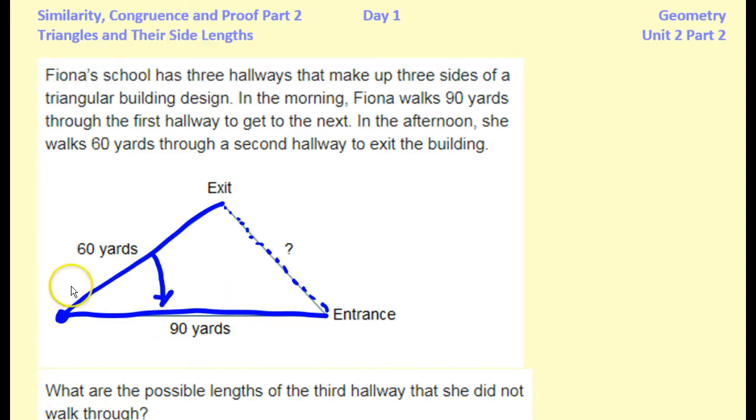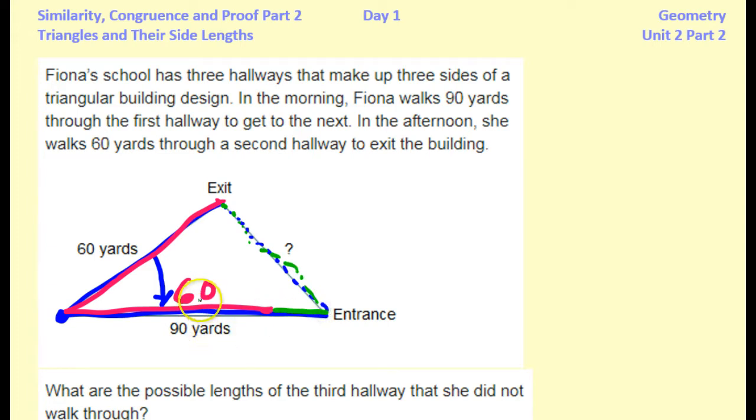So if I were to swing this all the way down until it became flat, it would land here. Okay, maybe I should make this pink, red. So remember, this is 60. So if I put it flat, then this red part is 60 against the 90. Okay, so this unknown length would be right here.